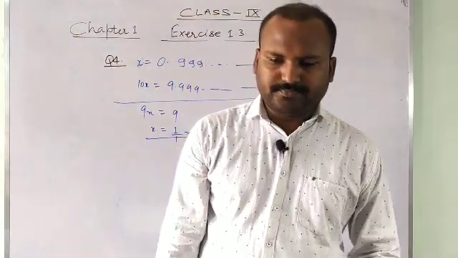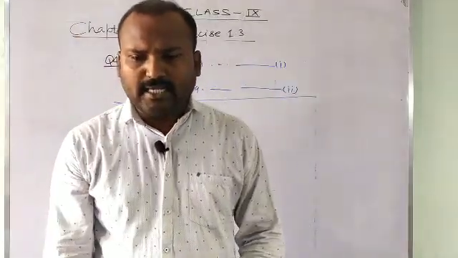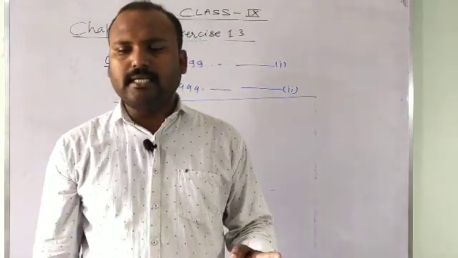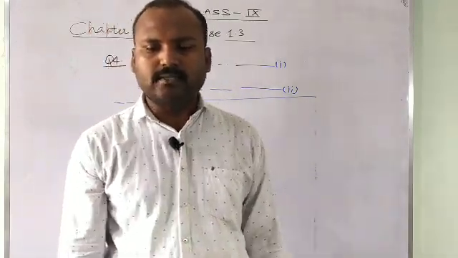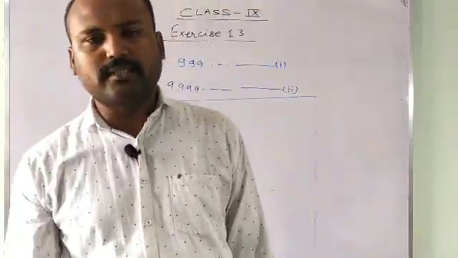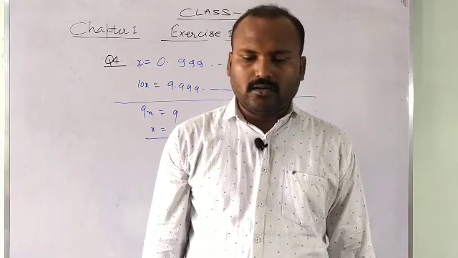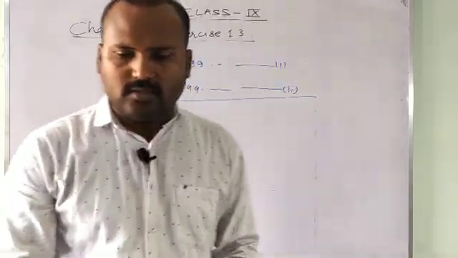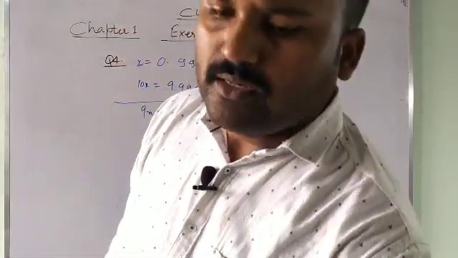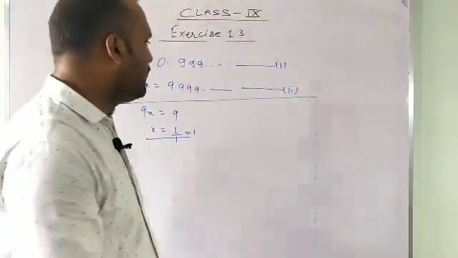Question number 5. What can the maximum number of digits be in the repeating block of digits in the decimal expansion of 1 upon 17? Perform the division to check your answer. Okay. In question number 5, we have to find the decimal of 1 upon 17.